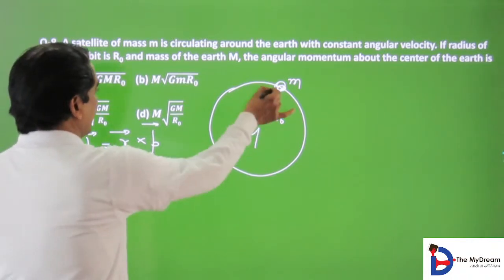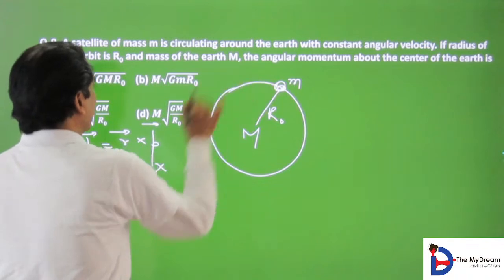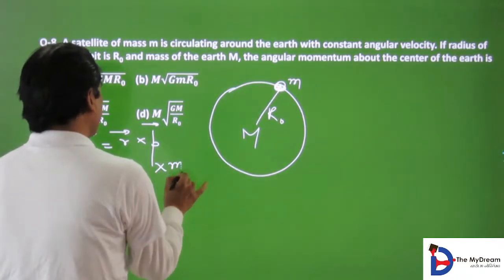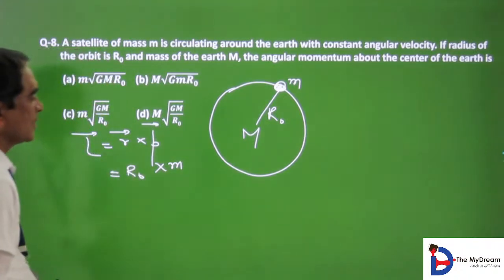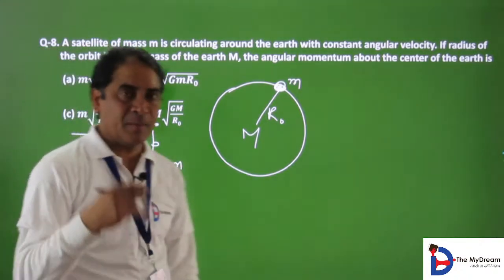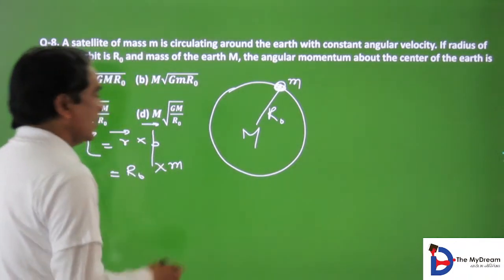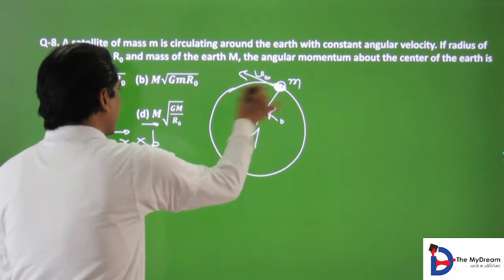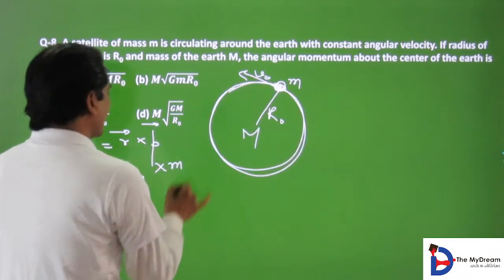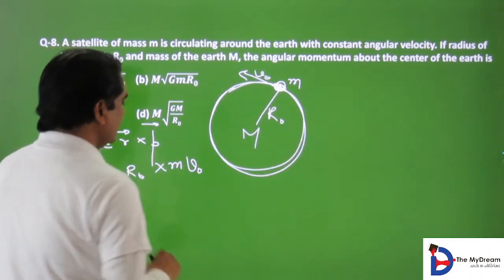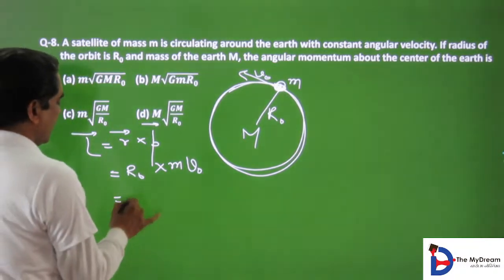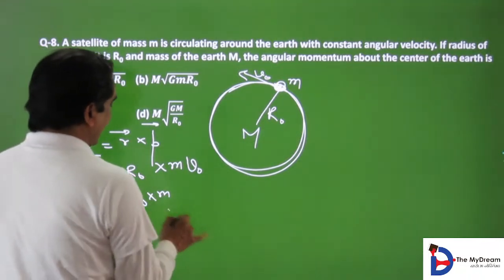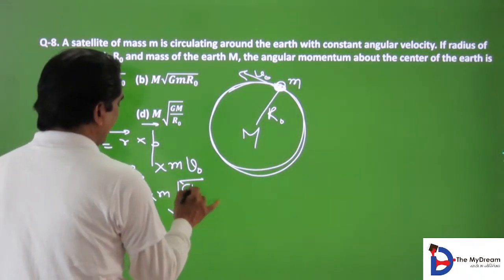The mass of the satellite, that is small m, into momentum m into v, and this is the orbital velocity, so v naught. V naught is given by under root GM by r naught.